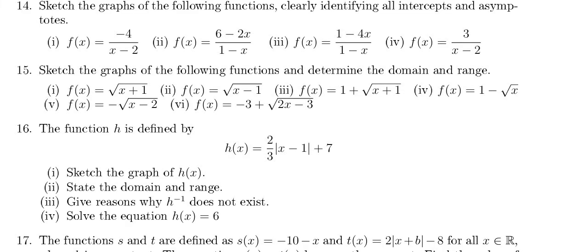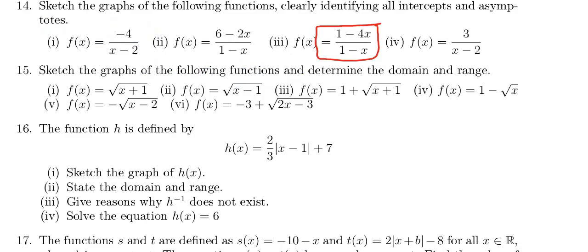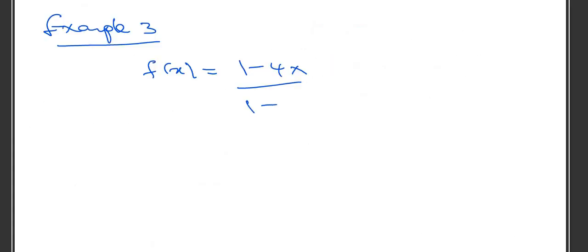Then the same applies to the next one. The next one is the same thing, similar to that. Let's call this example 3. So you have f of x, or rather y, is equal to 1 minus 4x over 1 minus x, the same thing, 1 minus x.